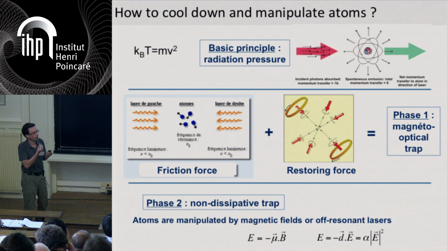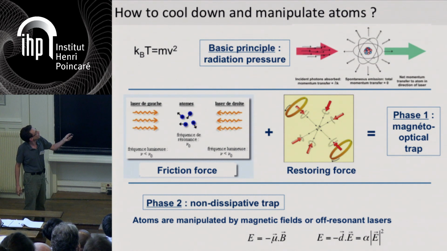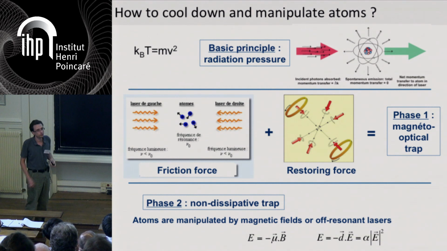And to create this force, what you use is radiation pressure. So imagine you shine a laser light on a 2-level atom. The atom will absorb photons from this laser beam, from which it will get some recoil. And this recoil will always occur in the direction of the laser beam.